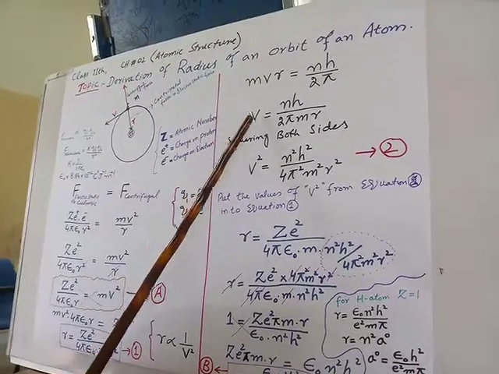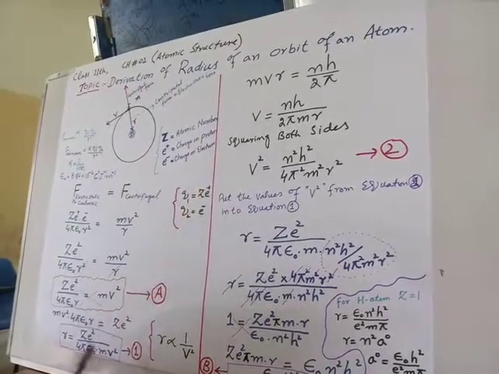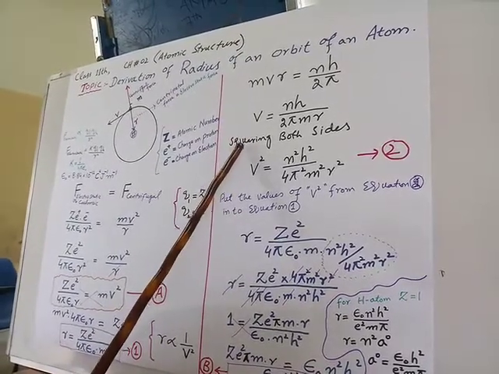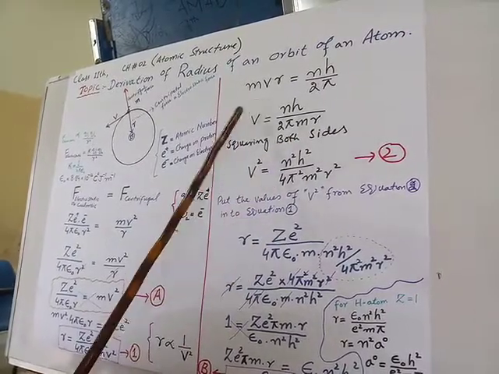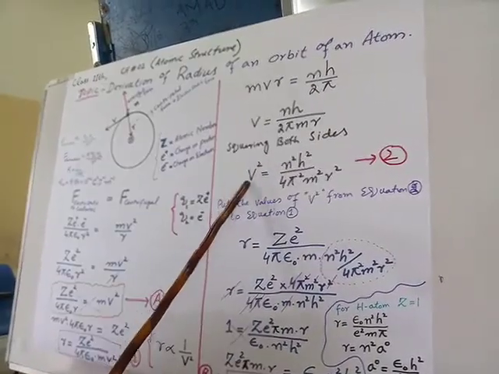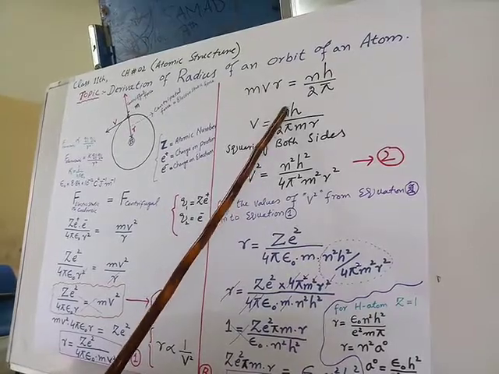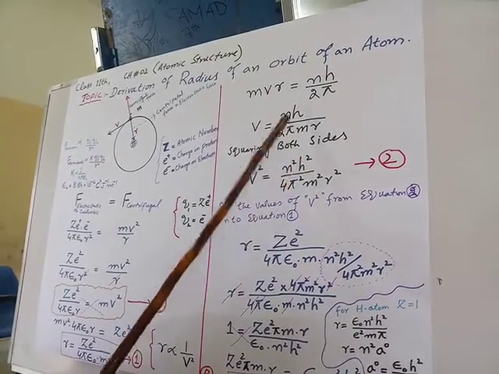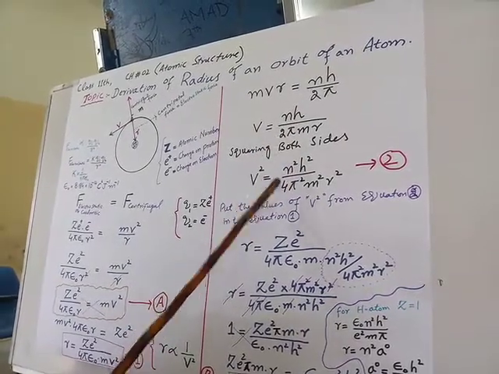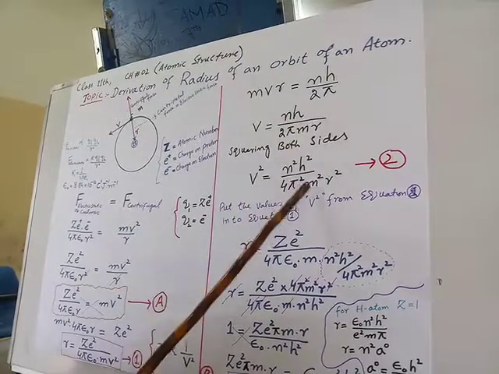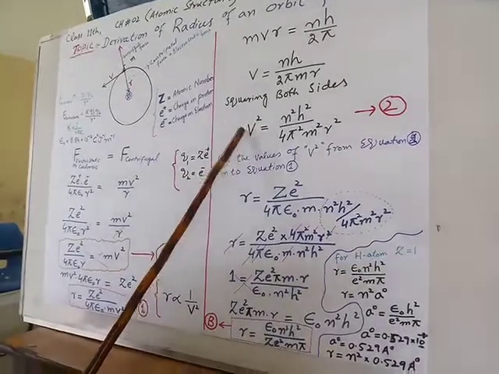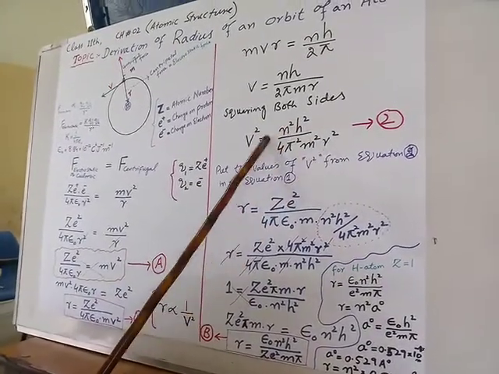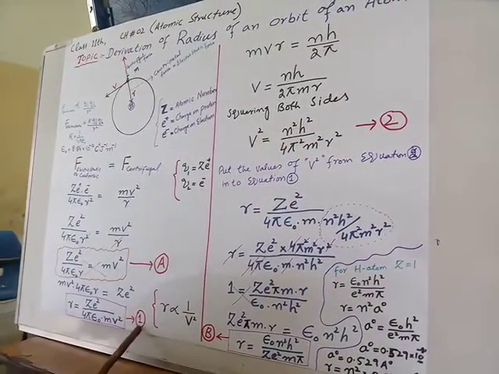So in order to equalize this v with v square, we square both sides. So v square becomes equal to n square h square by 4 pi square m square r square. Now put the value of v square from this equation into equation 1.